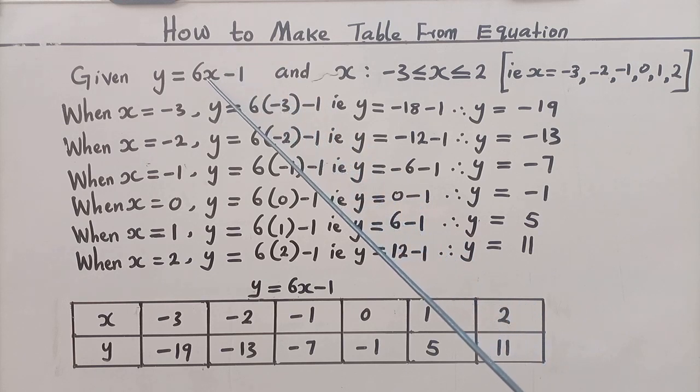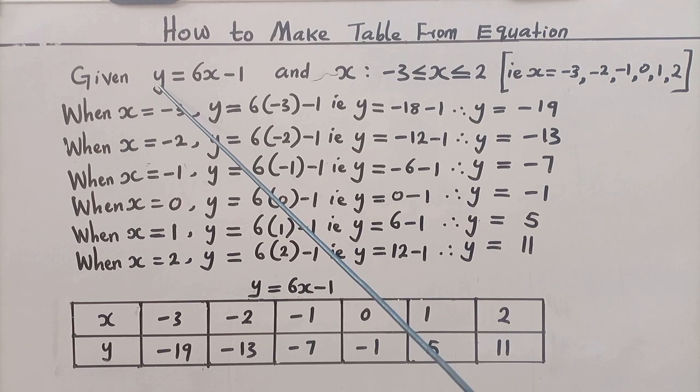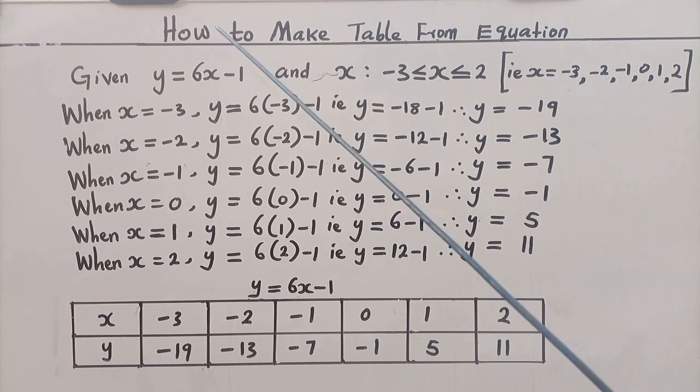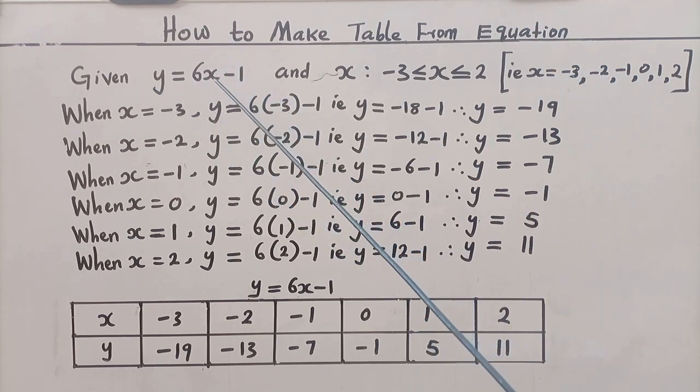As x keeps changing its value, y would also be changing its value, putting on new values. We're going to start to get the value of y by making a substitution for x with minus 3. After it, we do such with minus 2. After it, we do the same thing with minus 1 down to 2.